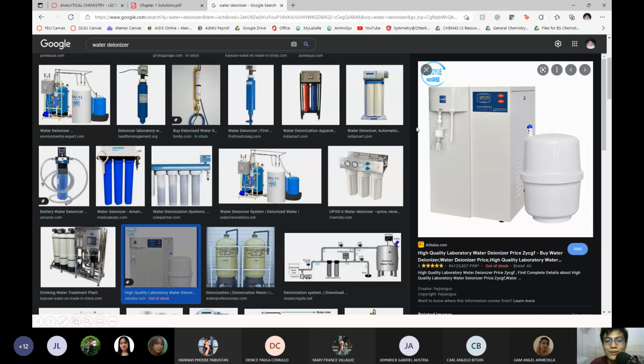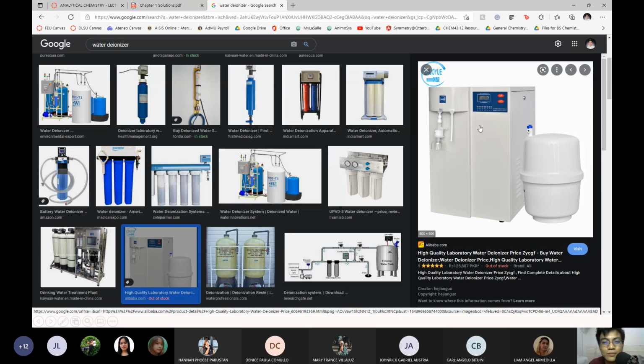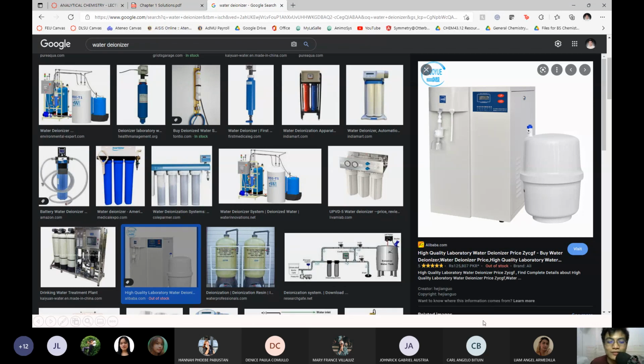Okay, so in the water deionizer, it makes sure that your water doesn't have any ions, no, at all, no. So ibig sabihin, if yung cellphone mo mabasa ng deionized water, okay lang yan, gagana pa rin yan. However, if yan ay mahulog mo sa dagat, masisira yan.